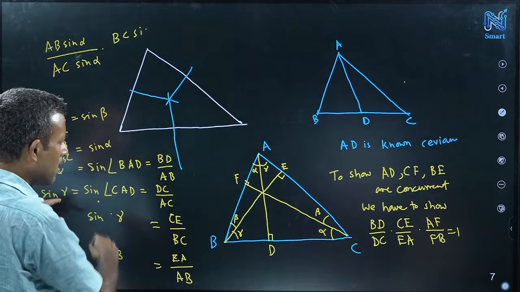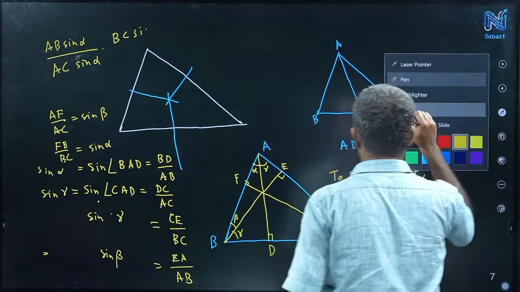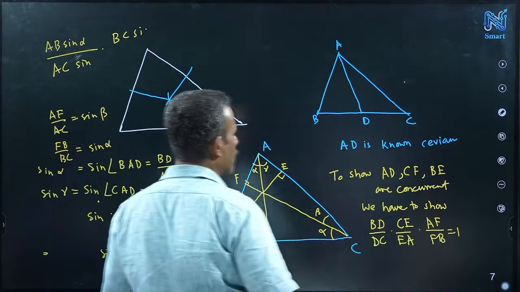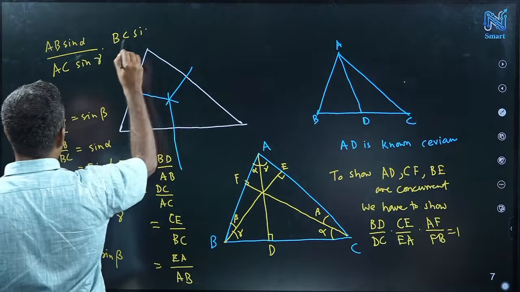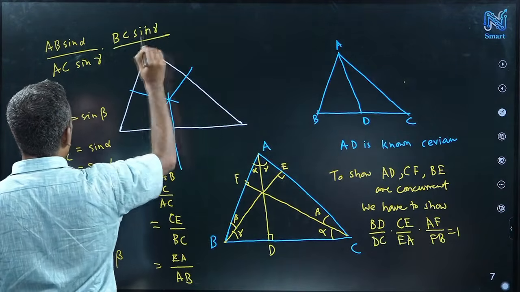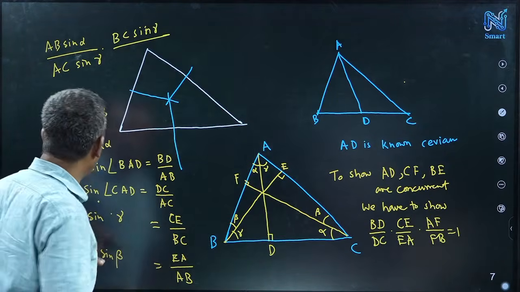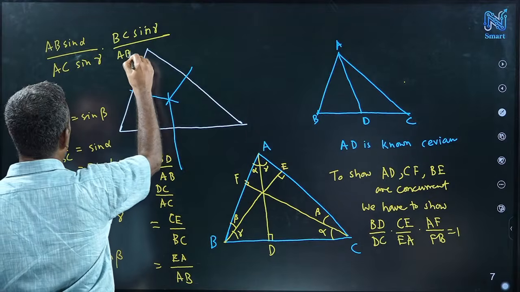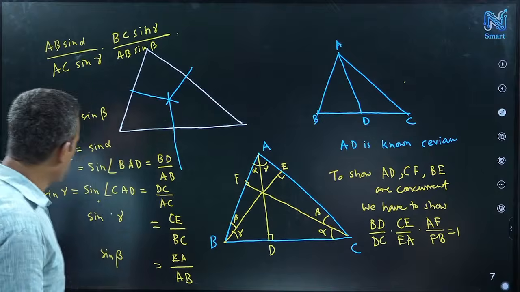Last one, DC is gamma, by EA, AB sine beta. What is AF?